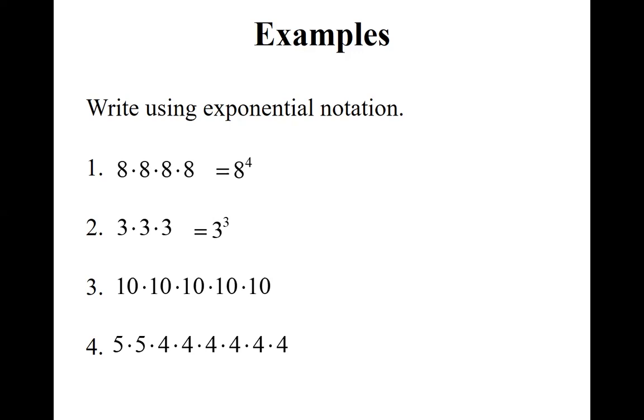In number 3, there are 5 factors of 10. So 10 to the 5th power. And then in number 4, we have 2 factors of 5 and 1, 2, 3, 4, 5, 6 factors of 4. That would be 5 squared times 4 to the 6th.